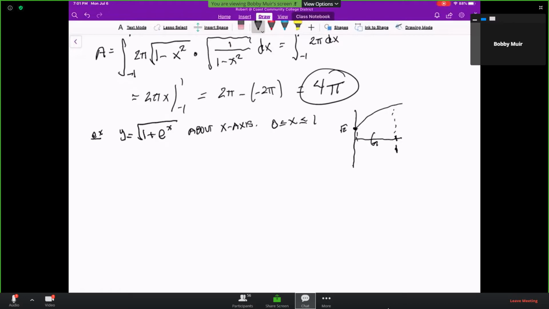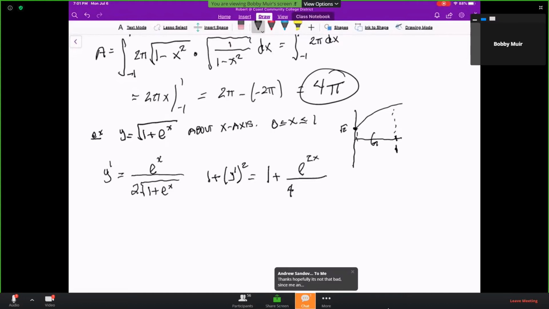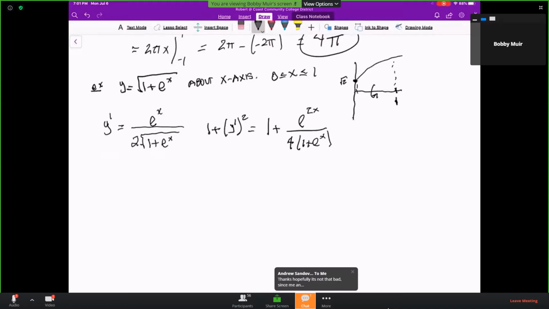Okay, so we'll do the y prime thing again. So y prime is going to be 1 over 2 square root of 1 plus e to the x times the derivative of the inside, which is e to the x, and 1 plus y prime squared is going to be 1 plus e to the 2x divided by 4 times 1 plus e to the x. Okay.